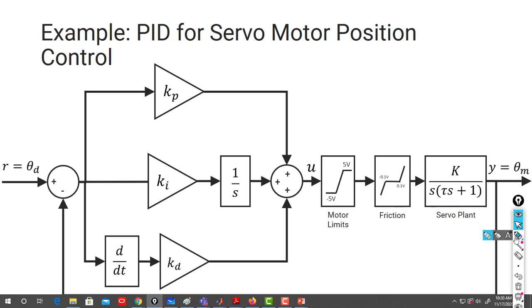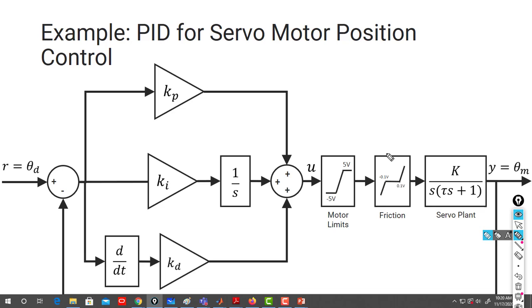They added a friction here to the system. Why do we want to add friction, and why do you think this is added? Is there any reason? What does it represent? This friction block they added, what did it represent?